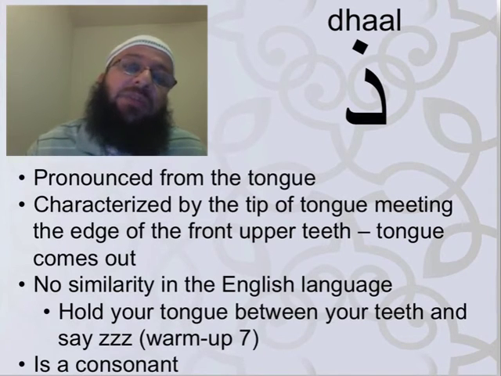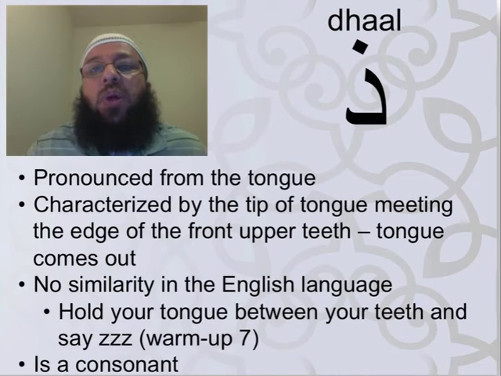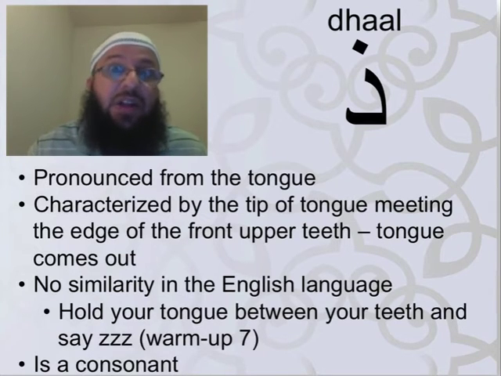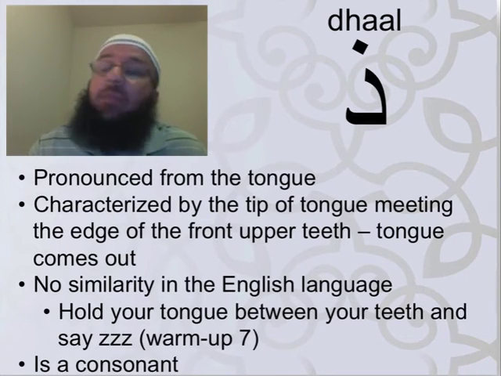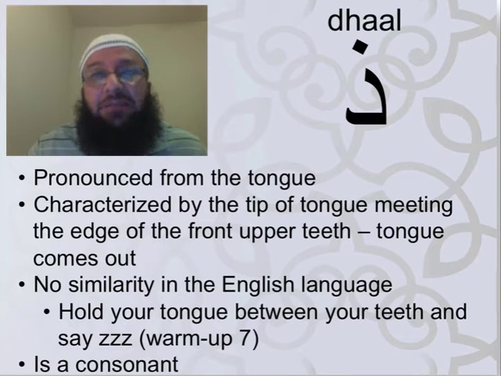In warm-up number 7, what I have you do is bite your tongue down between your front teeth, and without taking the tongue back into your mouth, I have you pronounce Z. So Z is pronounced with your tongue behind your teeth. That's a different letter, coming up in this lesson. But in this letter, the dhal, you pronounce the Z with your tongue sticking out.